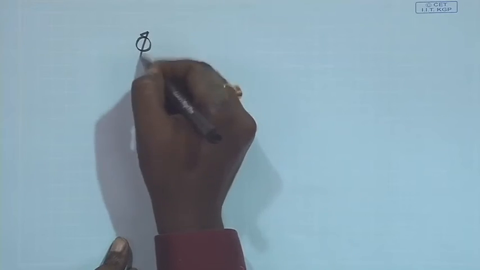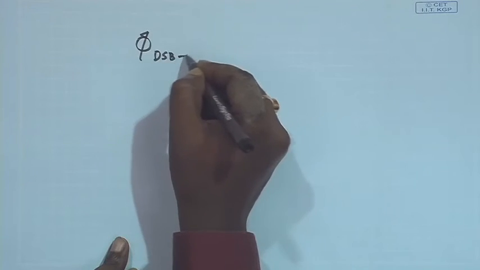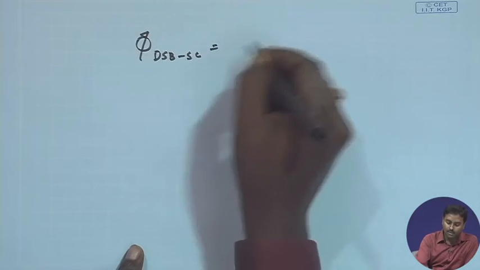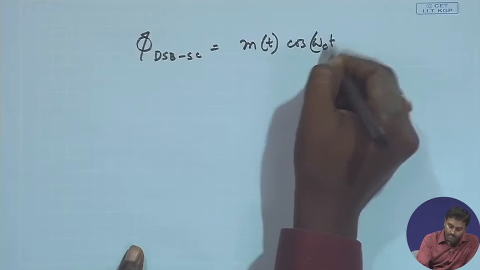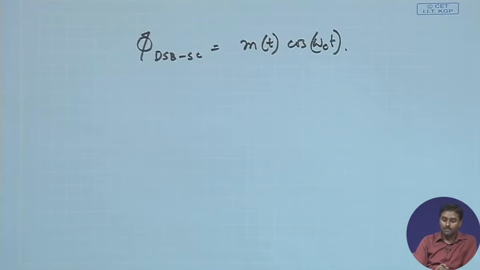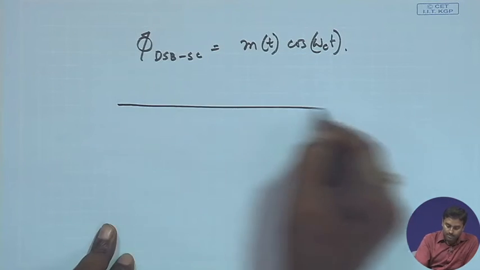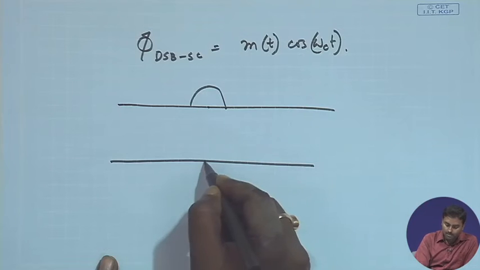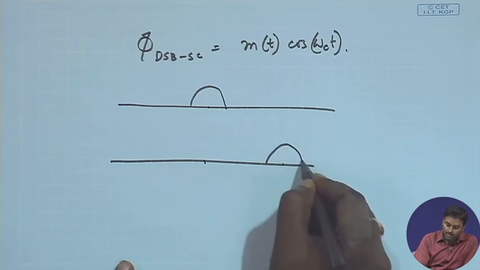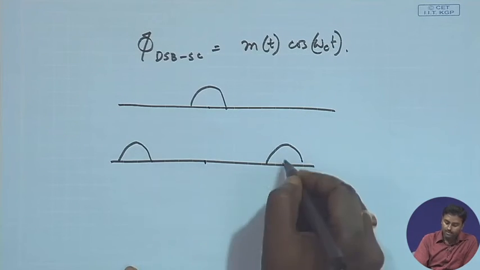So, let us say the DSB-SC signal, which is nothing but m(t) cos ω_c t, right. This is my DSB signal. I wish to take the carrier from this. Suppose this is my M(f), I do a modulation, and it goes over there.